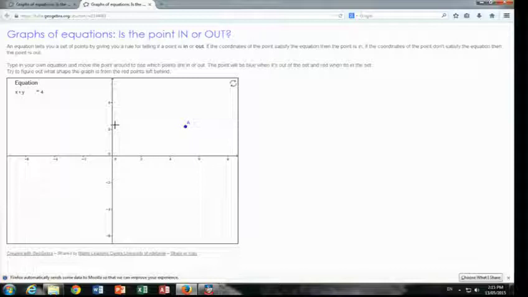So I'm going to move it around and see what happens. Oh, just a second. None of these blue points satisfy the equation, but that red one just there did satisfy the equation. So I've found one of the points that satisfies the equation. Oh, there's some more. Oh, interesting.